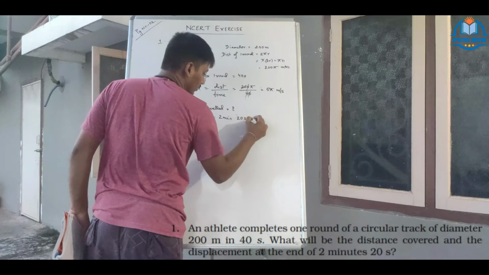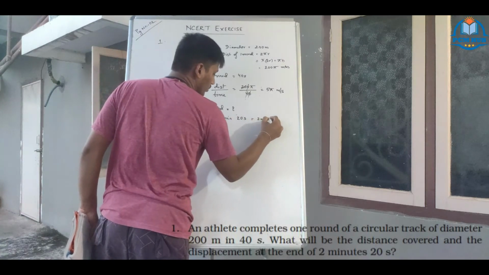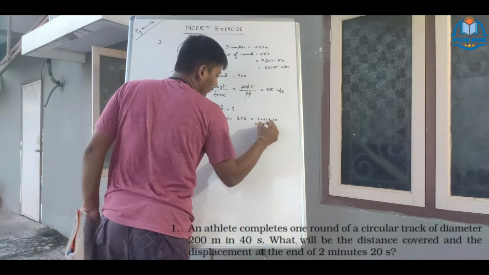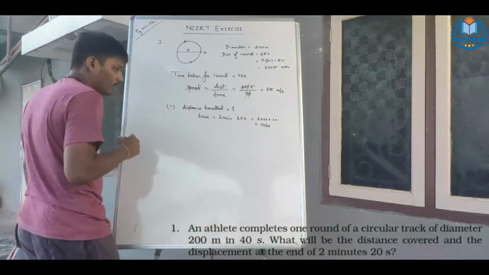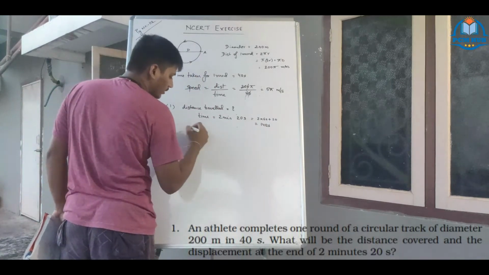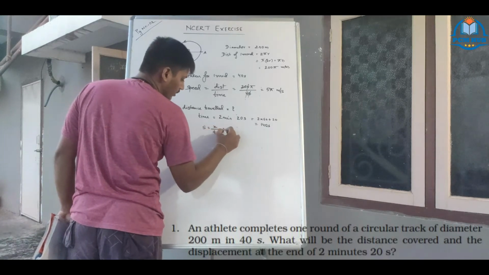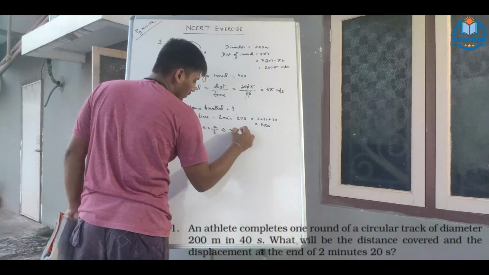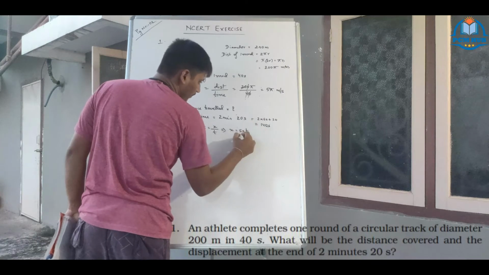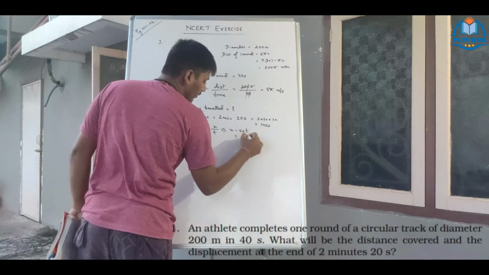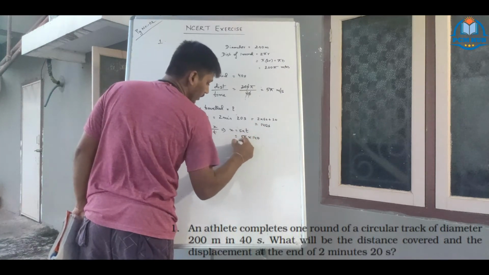So how many seconds? 2 into 60 plus 20, 140 seconds. So what is the formula? Speed equal to distance by time. Now you have distance equal to speed into time. What is the speed? 5 pi. Time is 140.